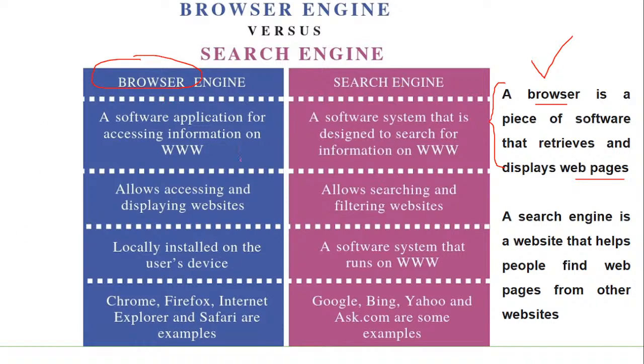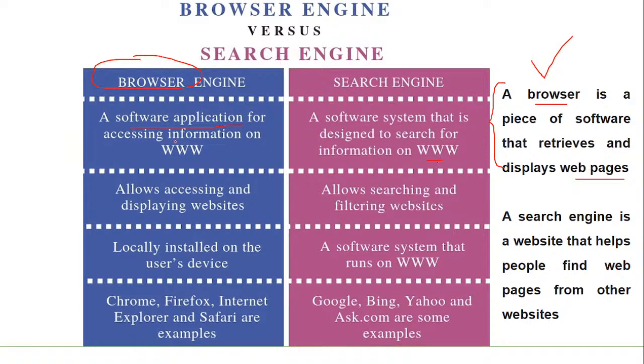So if we see a systematic difference between both of them, let's go one by one. A browser is a software application for accessing the information on your web pages, whereas a search engine is a software system that is designed to search for information on the web, that is, with reference to the websites.